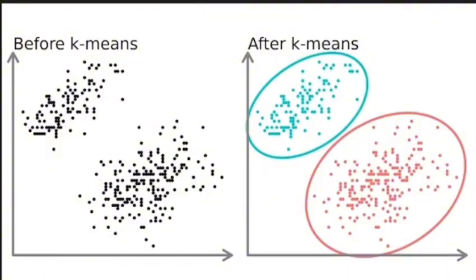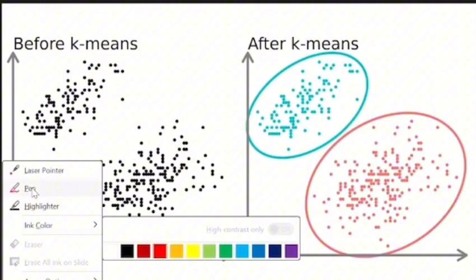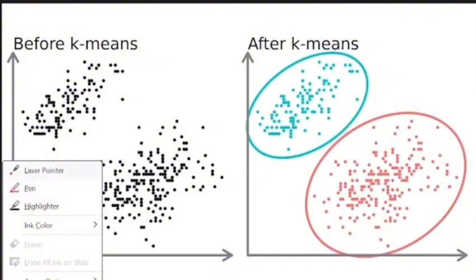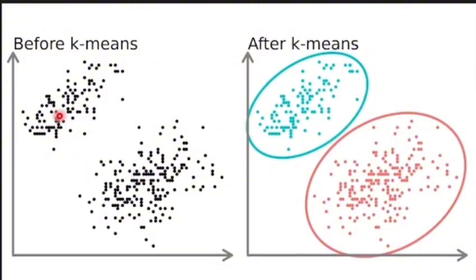Now, if you see this side, give me one second, I'm going to use my pointer. If you take a look at this side, these are the objects before we classify them into groups.